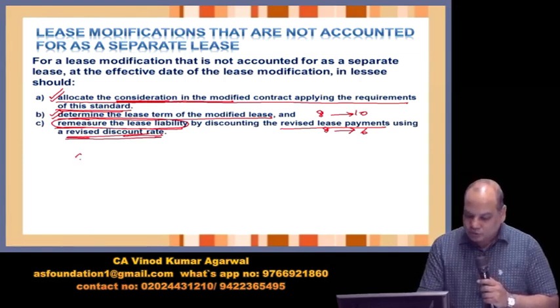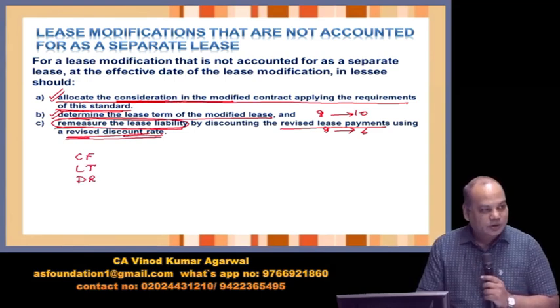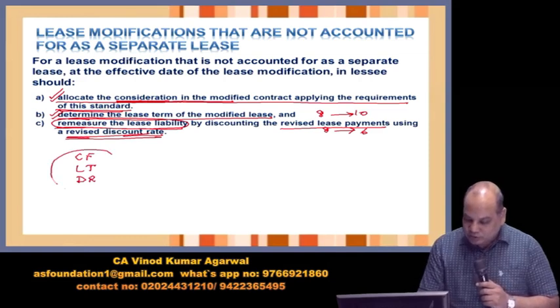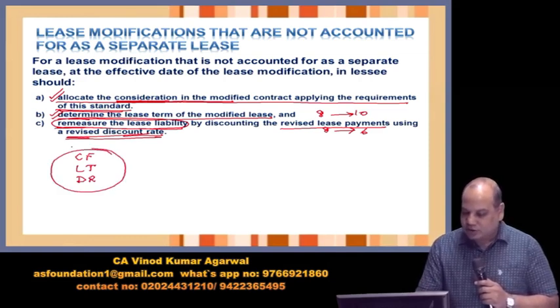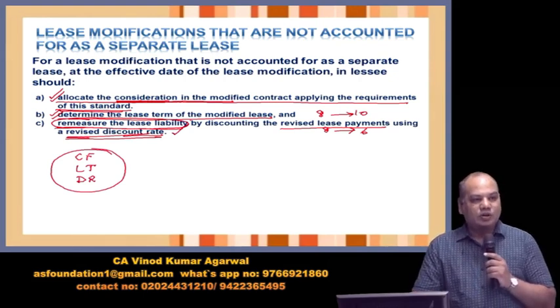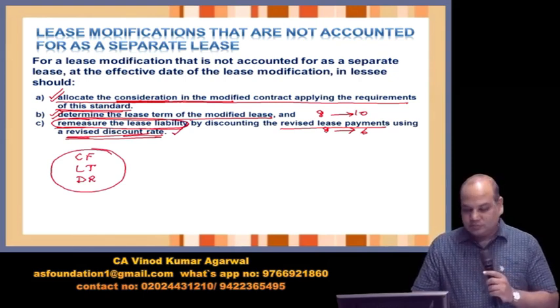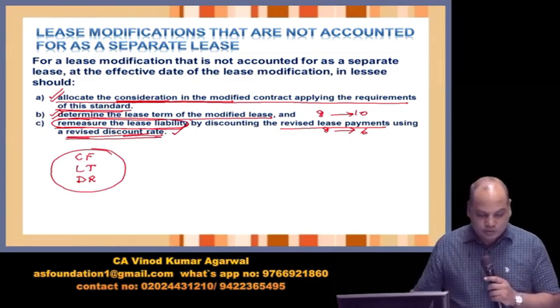Okay. So your cash flow will change, lease term will change, discount rate will change. So you do the recalculation and then that will give you what is the increase in the lease liability or decrease in the lease liability. And accordingly we'll do the accounting.